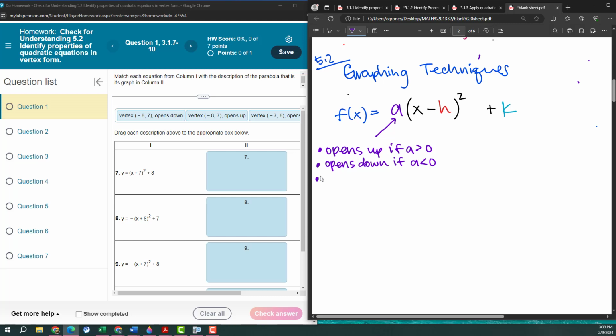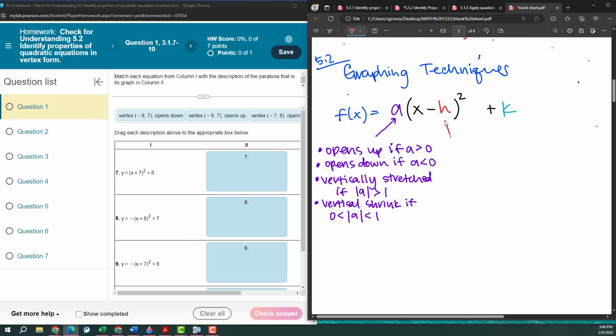It is vertically stretched if the absolute value of a is greater than 1, and it vertically shrinks if the absolute value of a is in between 0 and 1. So if it's a fraction. So that is what you need to know for a.